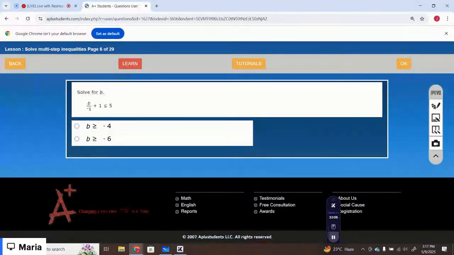Solve for B. So which is the correct option? That is B is greater than or equal to negative 4. Option number 1 is the correct option.